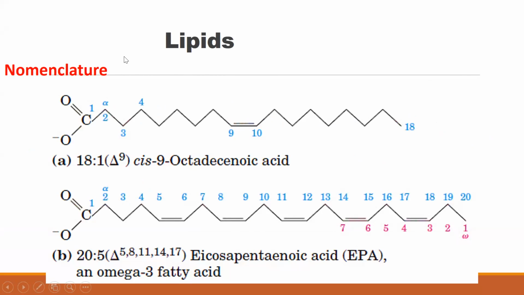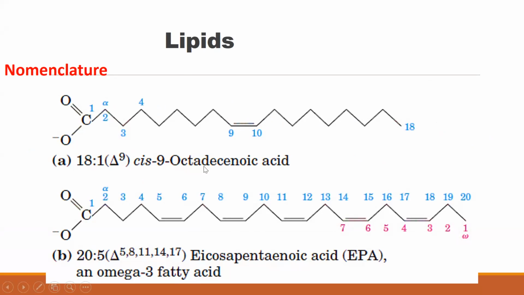To name our fatty acids, the carbon containing the carboxylic group, C double bond O, OH, will be carbon 1. The same way that you name your organic compounds is how you name your fatty acid. But there are also accepted common names for carboxylic acids.